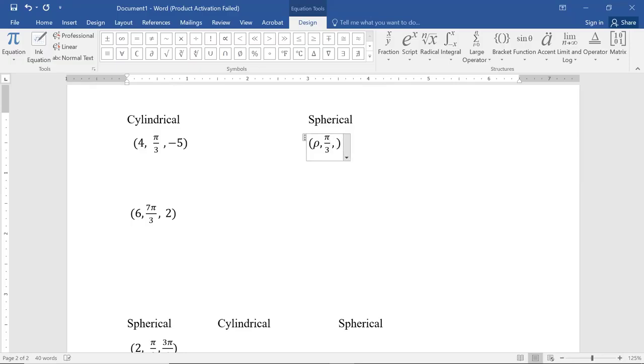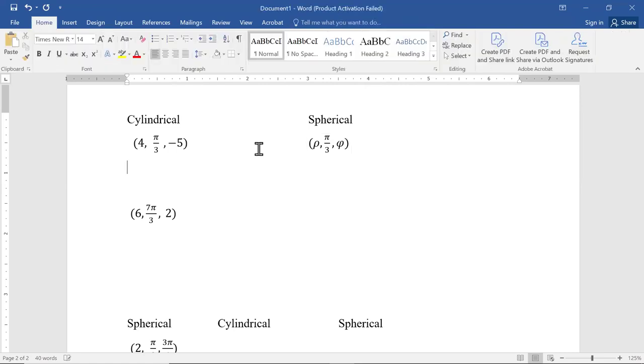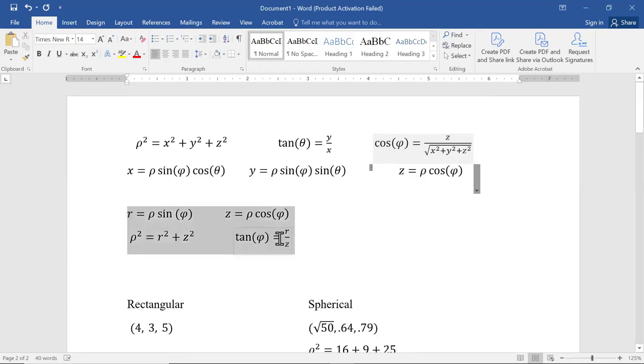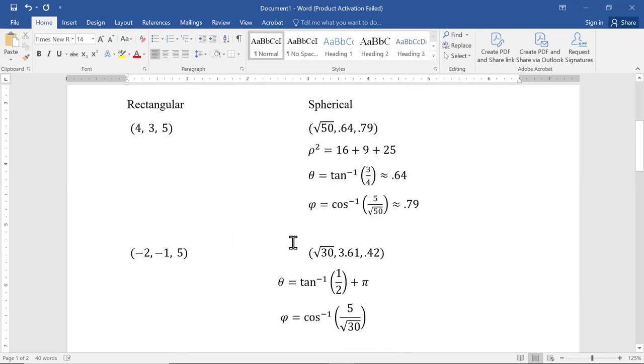It's the same theta that we had last time. And our phi, well, we'll have to calculate that. So if we're going from cylindrical to spherical, I go back and reference these. Rho squared is equal to r squared plus z squared. And tangent of phi is r over z.